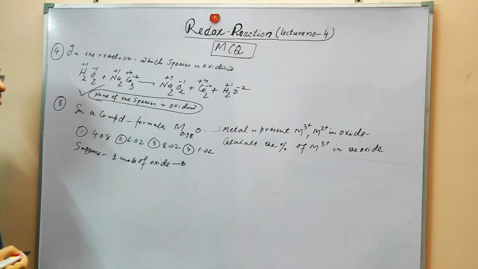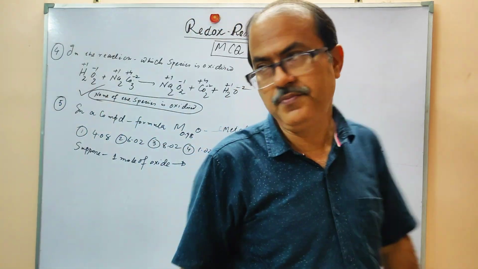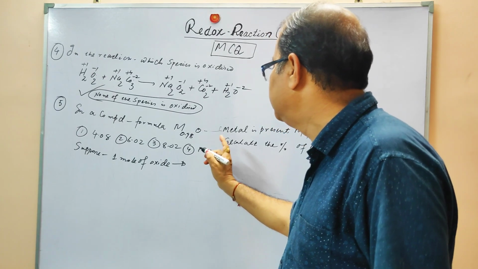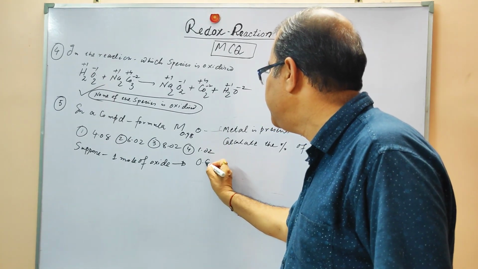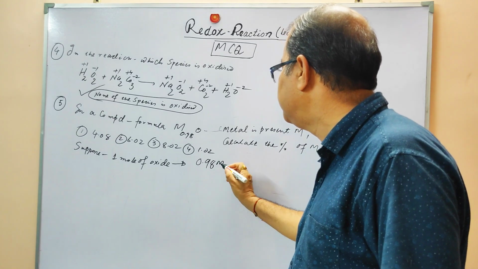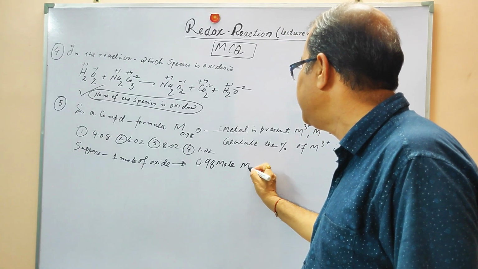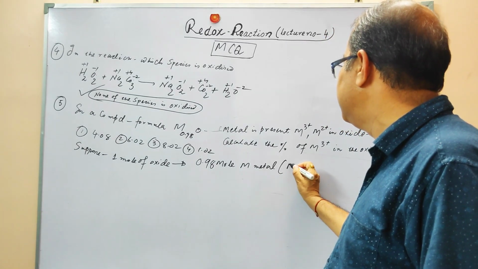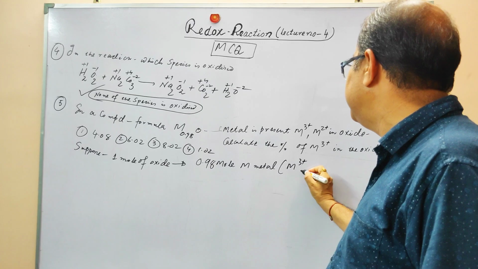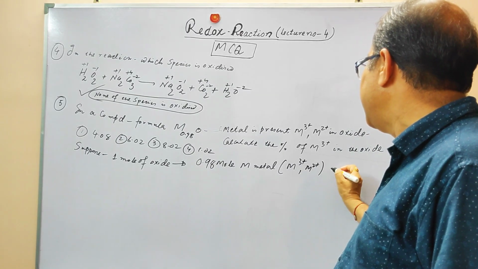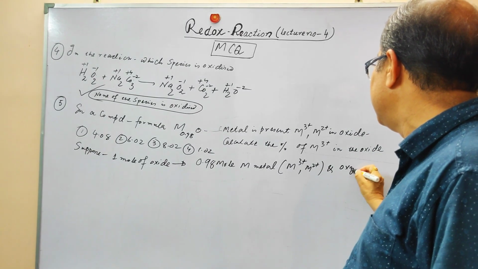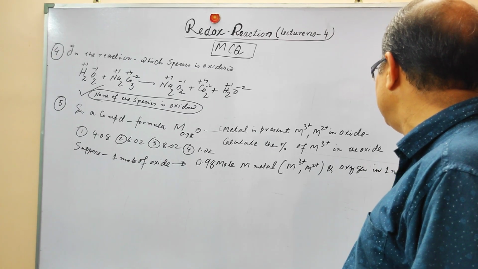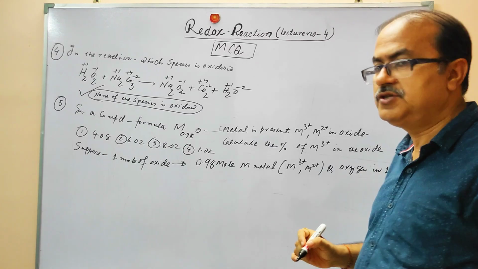So in this 1 mole of oxide, there is 0.98 mole of M metal in ionic form, that is M3+ and M2+, and oxygen is 1 mole.